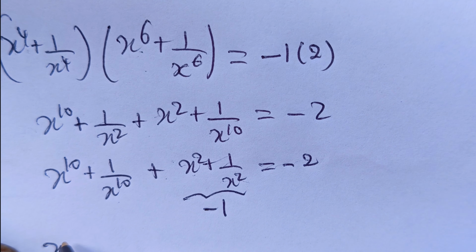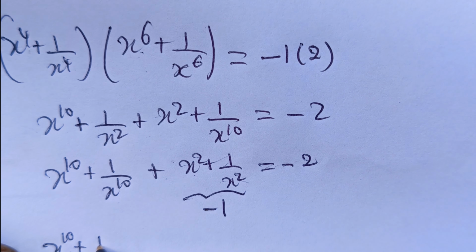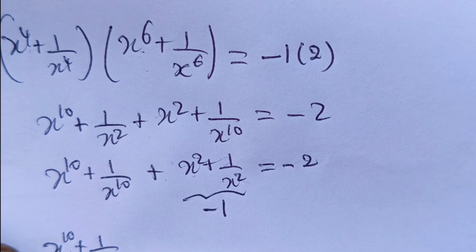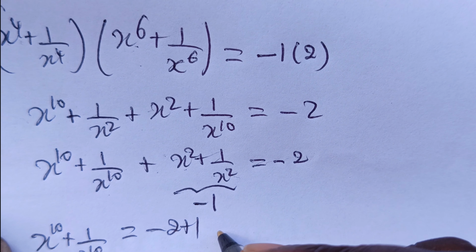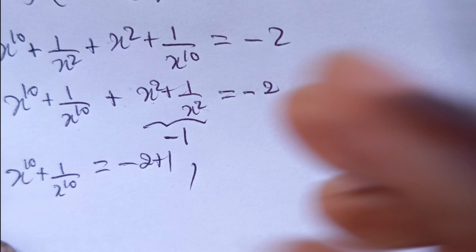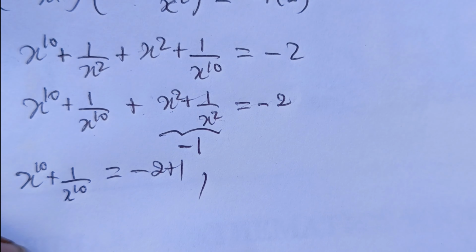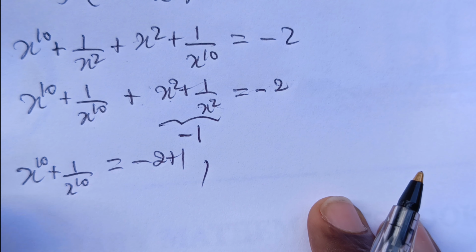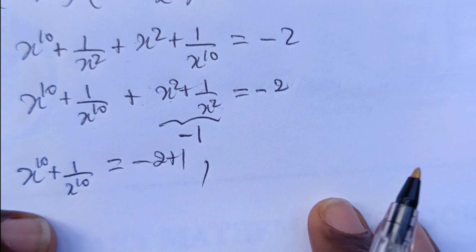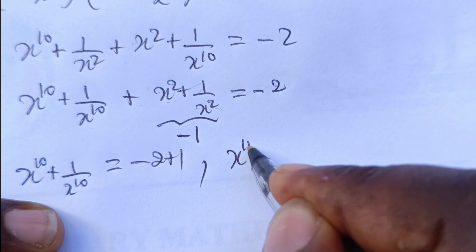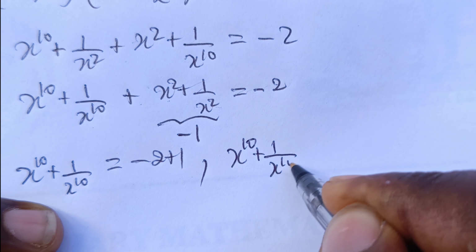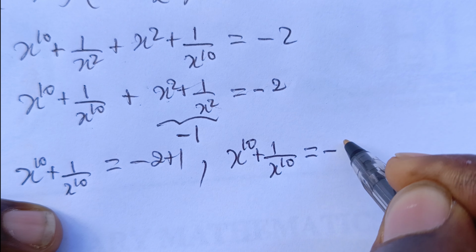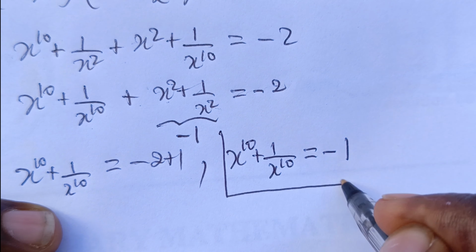That is why here x^10 plus 1 over x^10 will be minus 2 plus 1, and x^10 plus 1 over x^10 will be equal to minus 1.